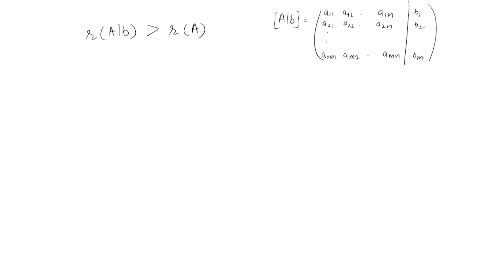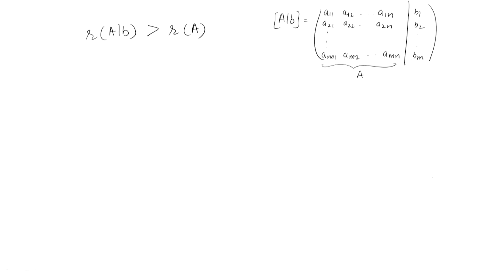Now, if the rank of the augmented matrix is not equal to the rank of A, or the rank of the augmented matrix is more than the rank of A, this means in the echelon form of this matrix, if the rank of A is less than the rank of the entire matrix, this will be possible only when in the echelon form of A there is a row which contains all 0 and the corresponding Bi is not equal to 0.